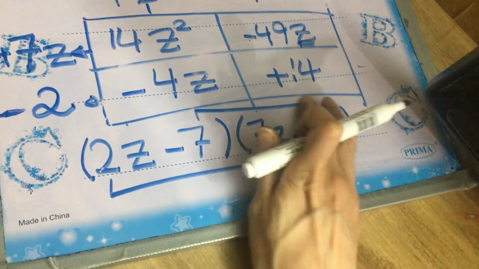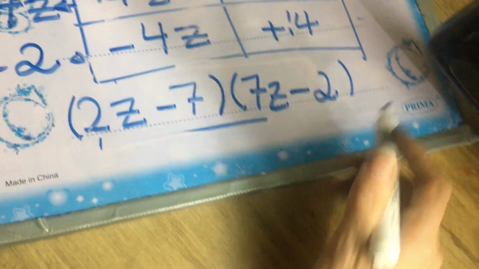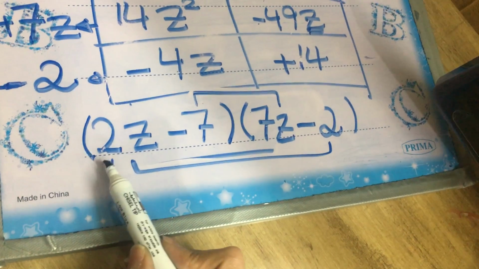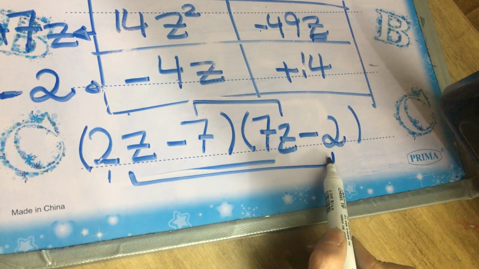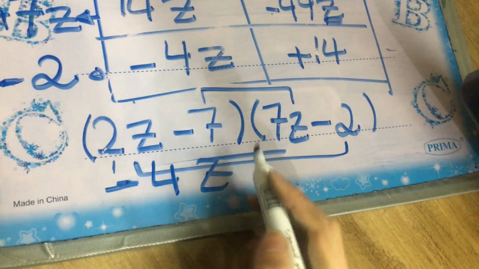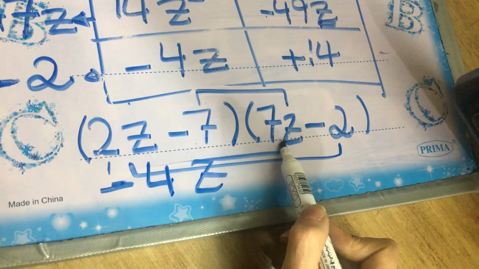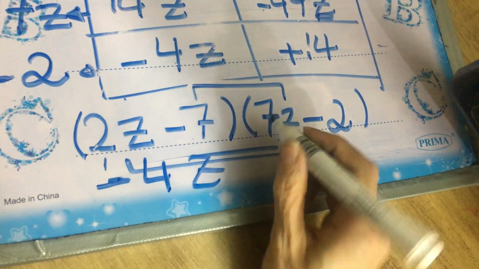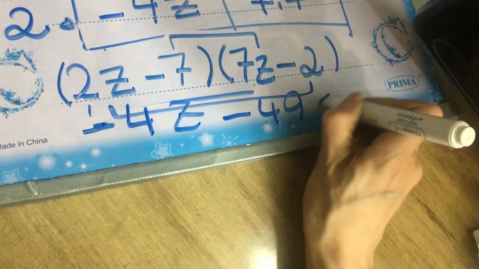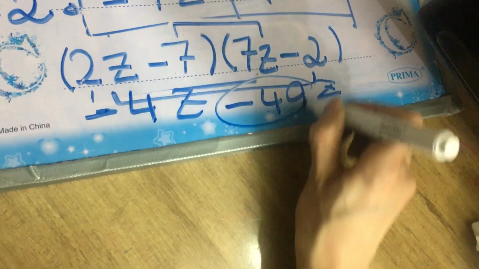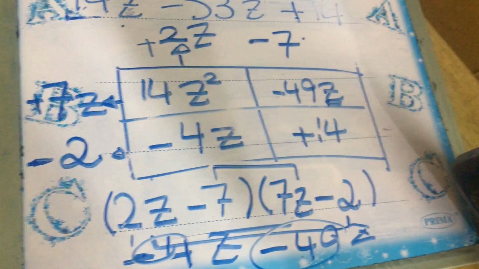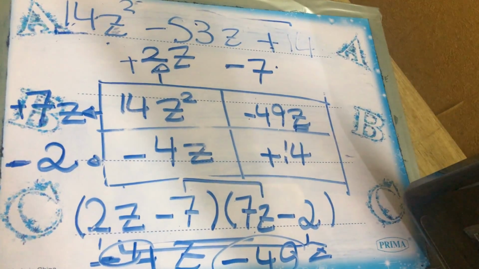Now let's do the one in the middle, which is the 2 apart and the 2 that are near. 2z times 2 is minus 4z, minus 7 times 7 is minus 49z. If we add them, it's minus 53, so our solution is correct.